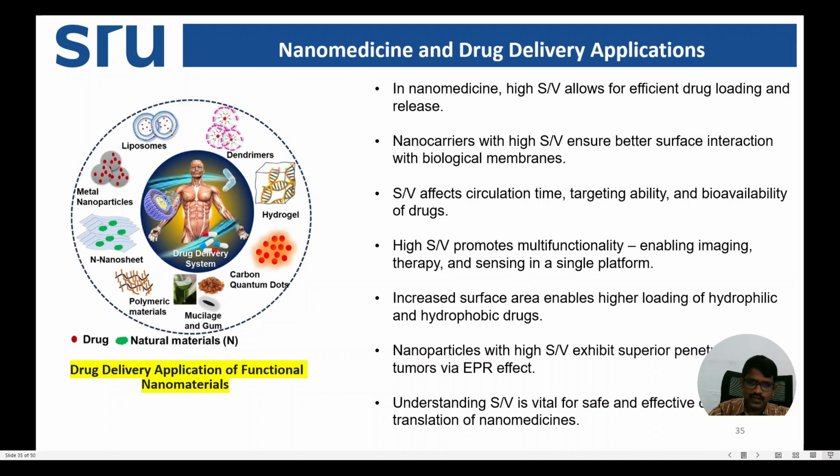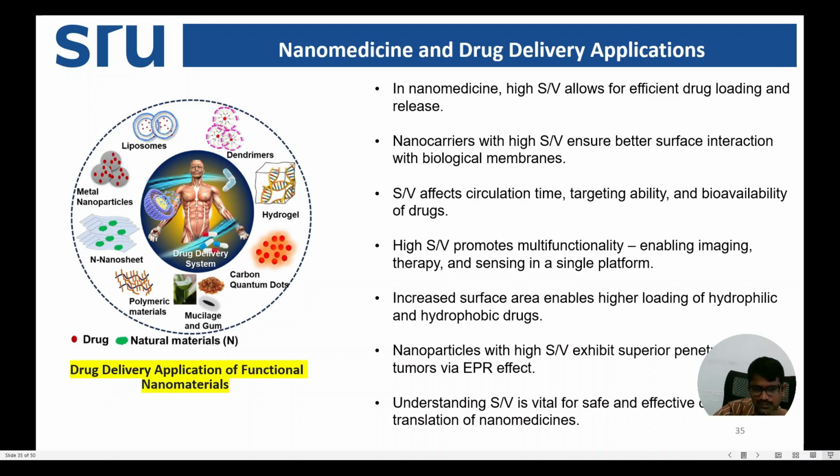This affects circulation time, targeting ability, and bioavailability of drugs. That is, in how much time we need to reach the targeted area, the immediate reaction, a faster response after taking the medicine.